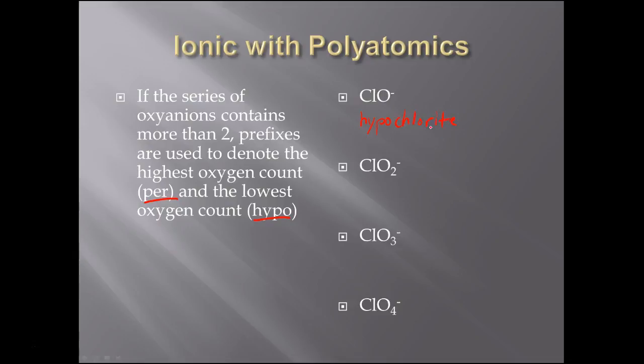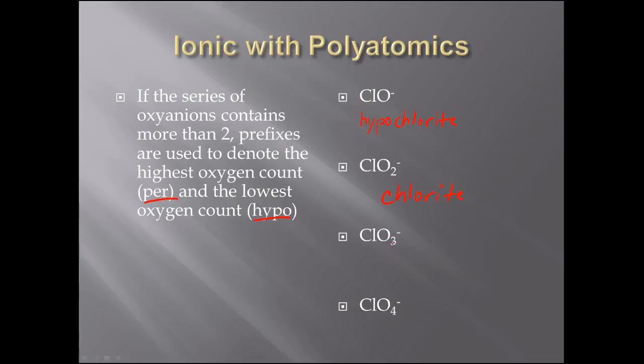So our ending here is still significant. You can't use chloride, you can't use chlorate, because chlorate refers to the higher possible oxygen counts down here. Then, if we go to ClO2, we're going to drop this hypo- because it's not the lowest possible oxygen count. So that's going to become just our chlorite ion. And then we're going to move on to ClO3.